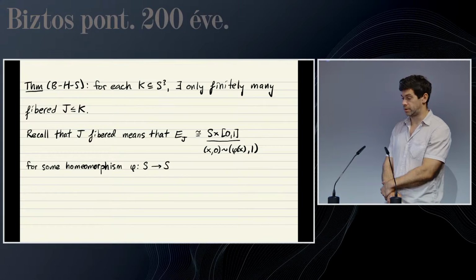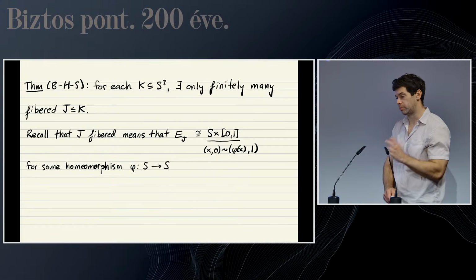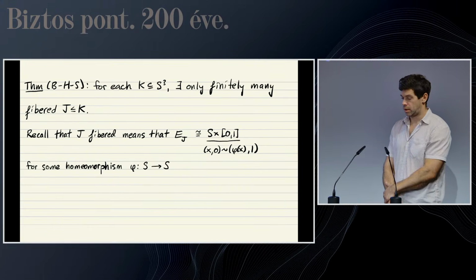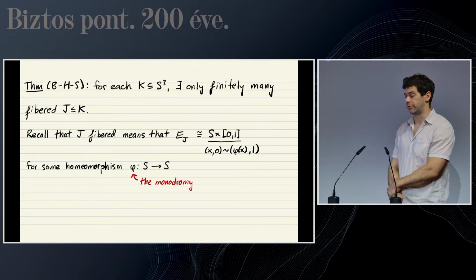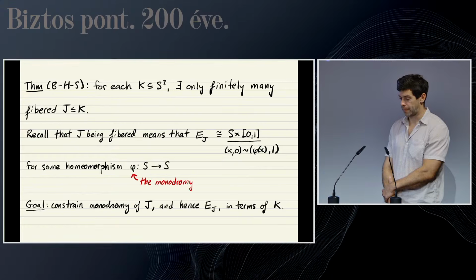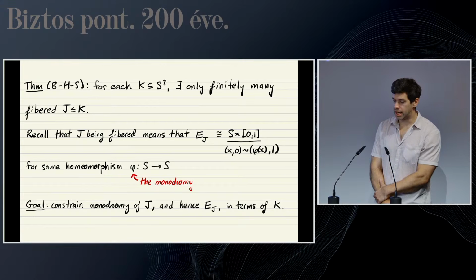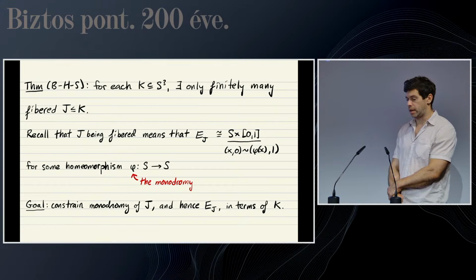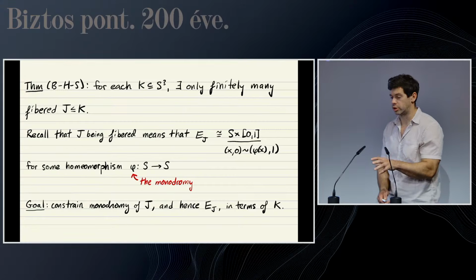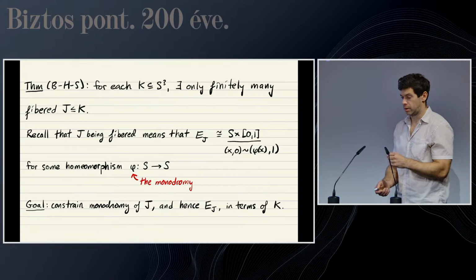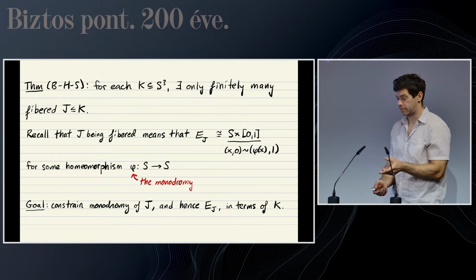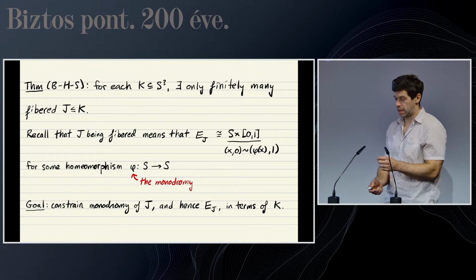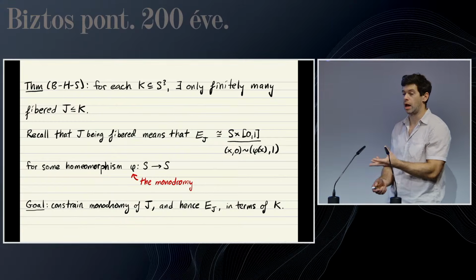So you take the surface, compact surface with boundary, times an interval, and glue points on one end with points on the other end by some homeomorphism of the surface that we call the monodromy of the fibration, or of the knot. And so the idea behind the proof of the theorem is to try to constrain the monodromy of any fibered ribbon predecessor of K. And if we can constrain the monodromy, then we can try to understand from that the knot complement.